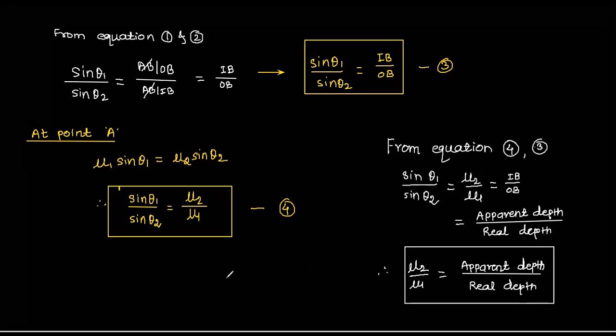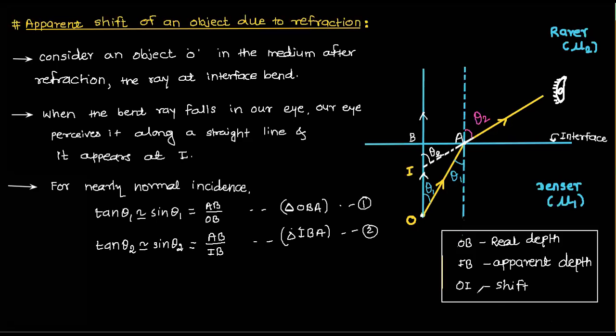Now, how to find shift? Let's find out the shift. Shift is what I have already shown in the diagram. You see, shift is OI. So OI is equal to OB minus BI. Can I write like this?